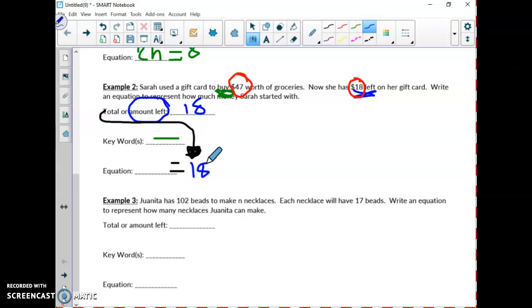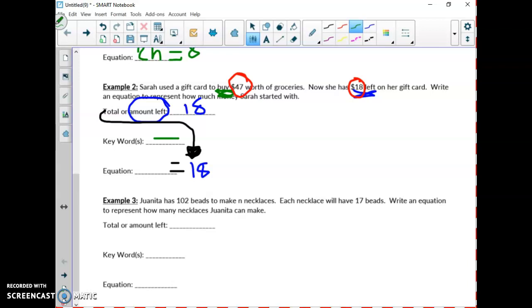Now we need to focus on the left-hand side, which is typically the harder part, okay? So what happened? What did we do? We bought some groceries, right? Well, how much money did we spend on those groceries? $47. And what operation did you tell me happens with the keyword of buy?